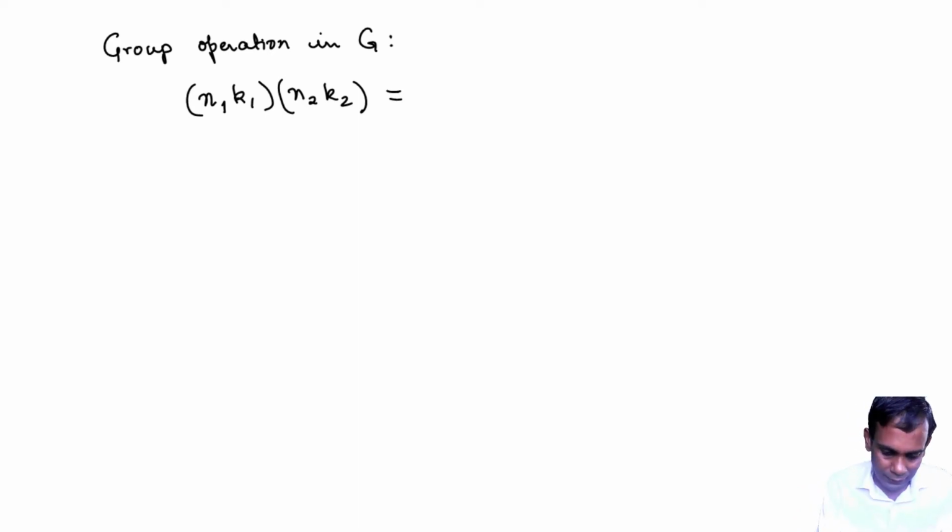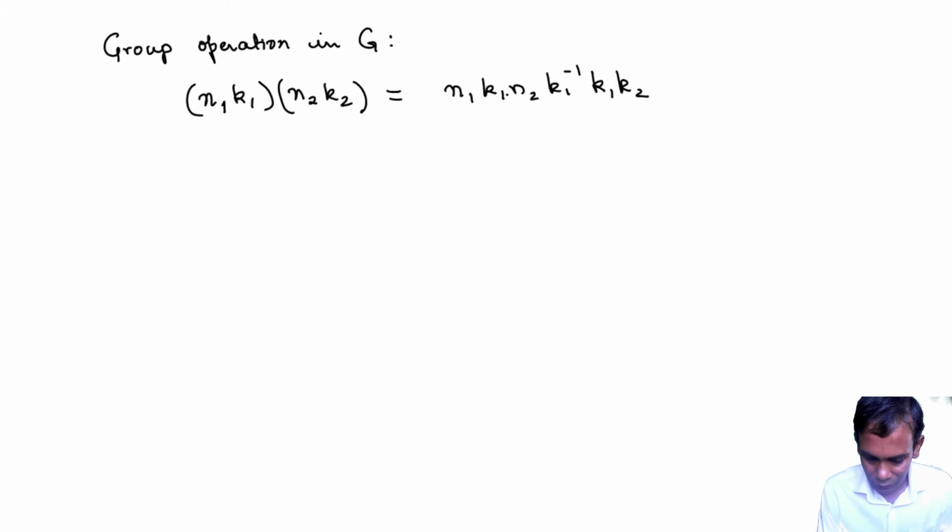But see, we can write this as n1 k1 n2 k1 inverse, and then we can write k1 k2. Now here that's just because this k1 inverse k1 cancels out, so we have not changed anything here. Of course, I'm using associativity all the time. Now look at this. This element k1 n2 k1 inverse, what is that?